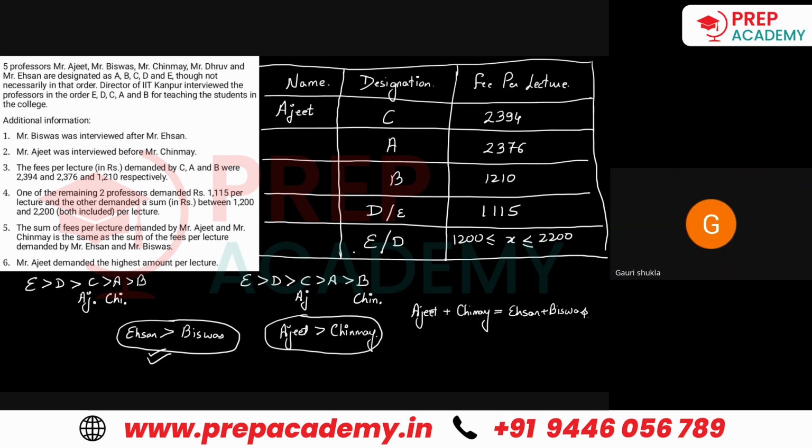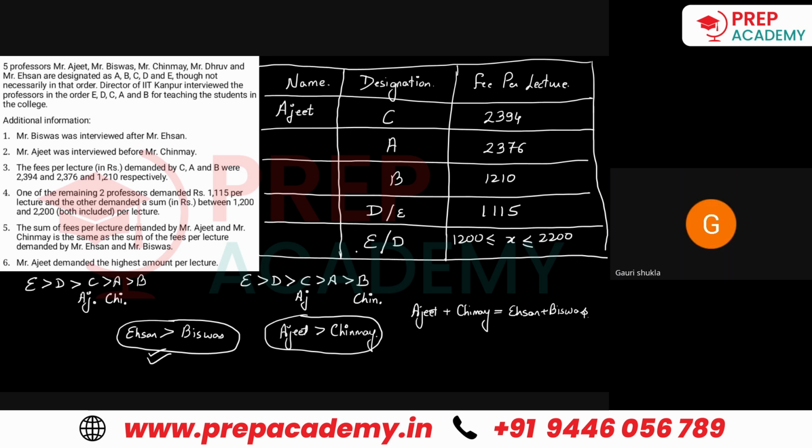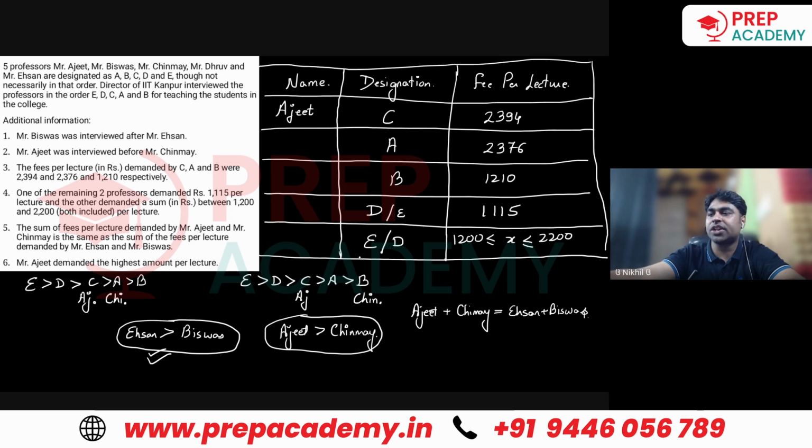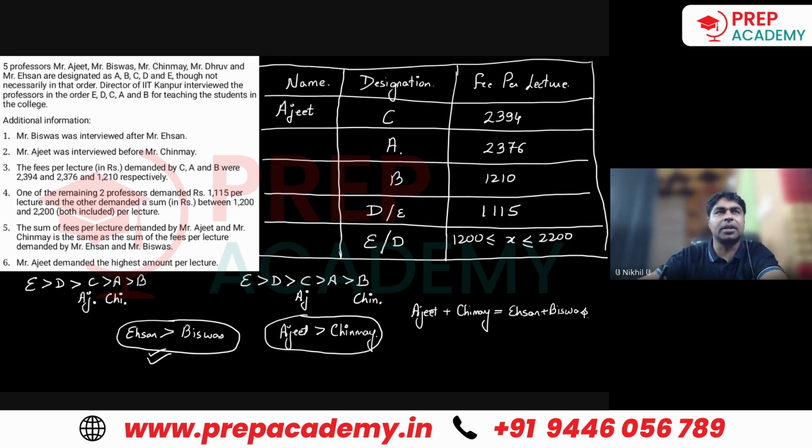Yes, sir, like E was first, E, D, C, A, B. The only issue in such a question would be that if you write the sequence first, then where will you write the information that was mentioned as C 2394, A 2376, B 1210? Yeah, you can write it actually. So we can make 4 columns because that is how I made the skeleton. That makes sense. I have no issues with that at all.